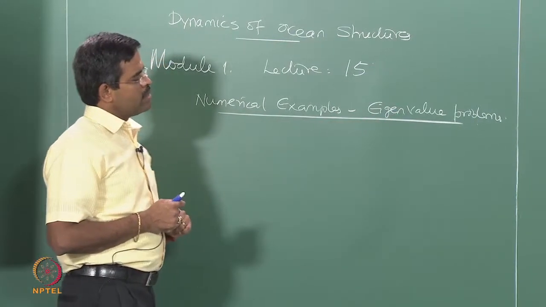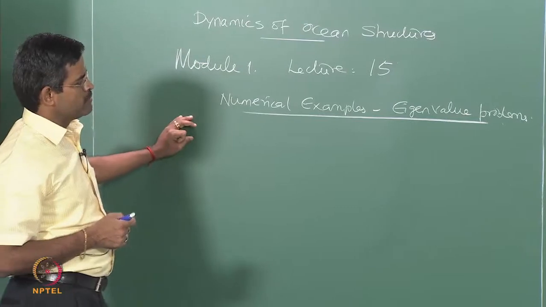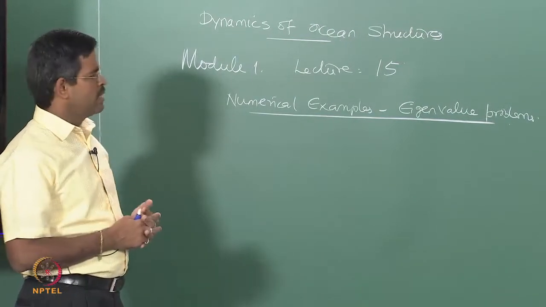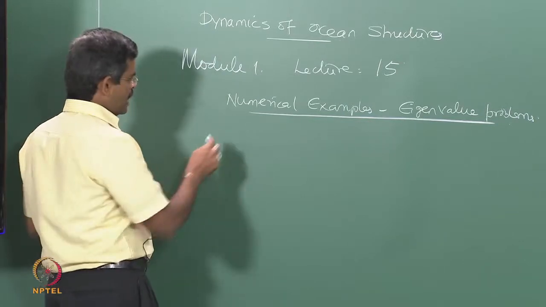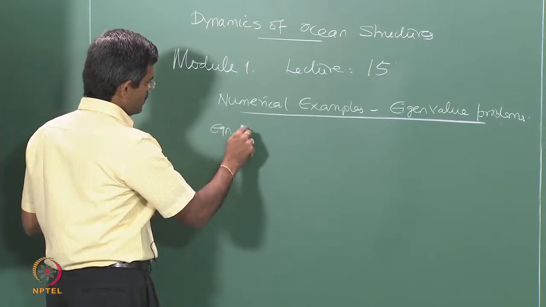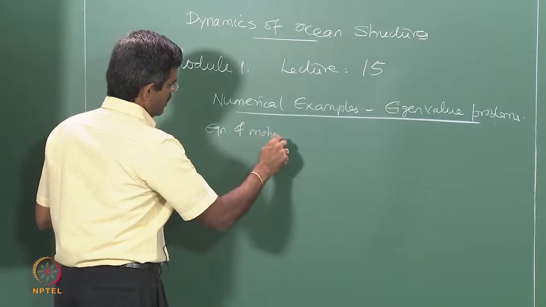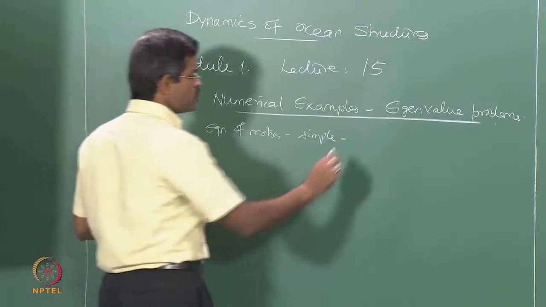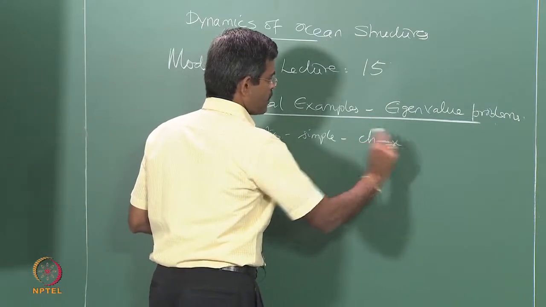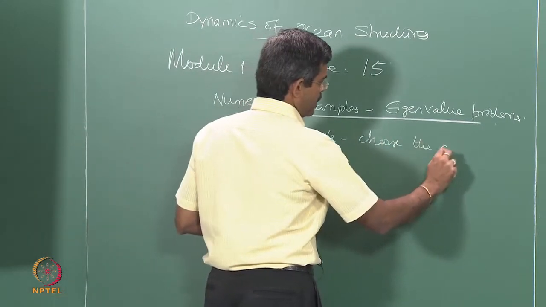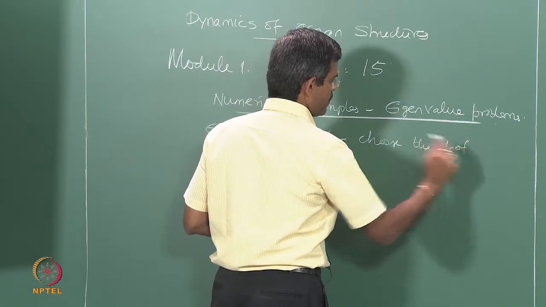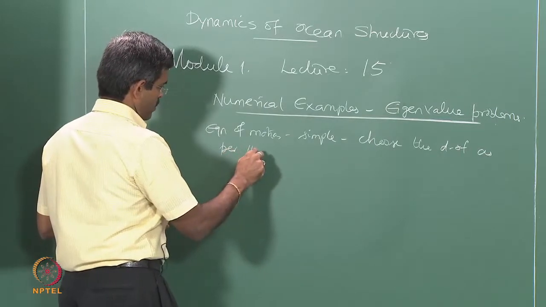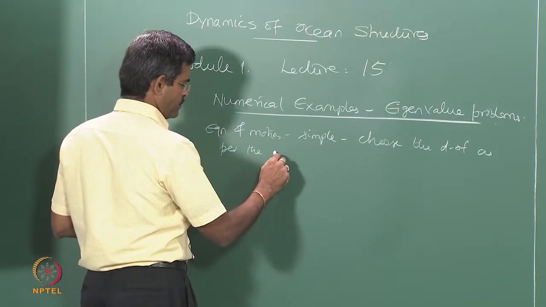But there is a very classical difficulty in writing the equation of motion which we have experienced in the last few examples. Now, the equation of motion can become simple if you choose the degrees of freedom as per the notion.